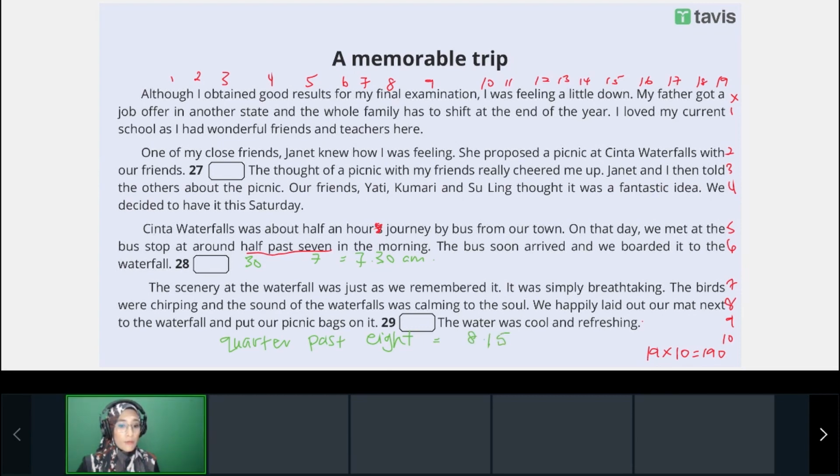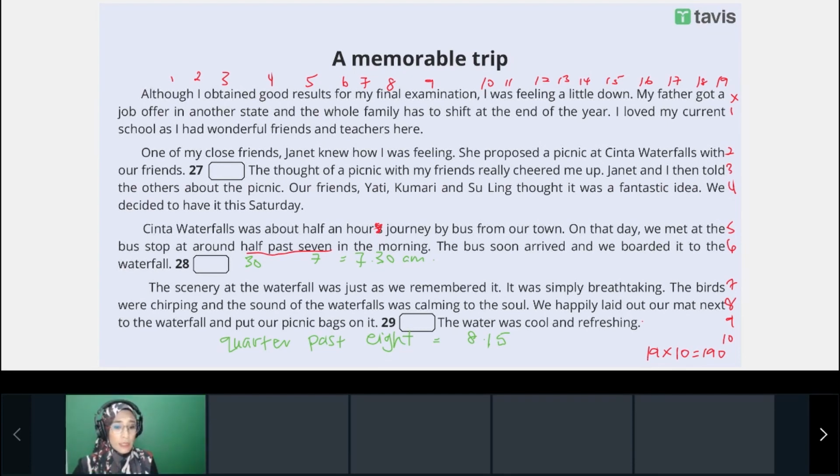A lot of British people like to use this way of saying the time, during the day or during the night. They love to say half past 7 or quarter past 8.